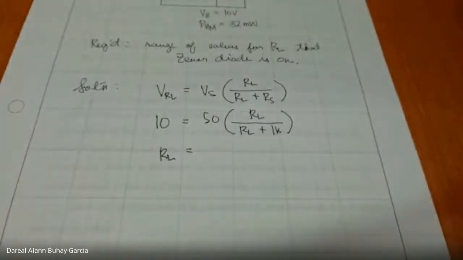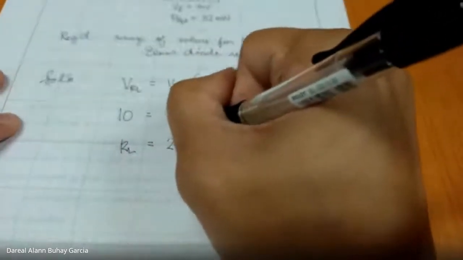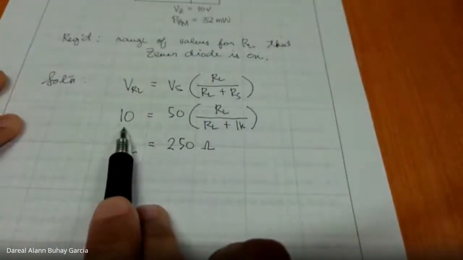Shift solve. 250. Okay, so 250 ohms. So at 250 ohms, the voltage drop across the load is just exactly 10 volts.